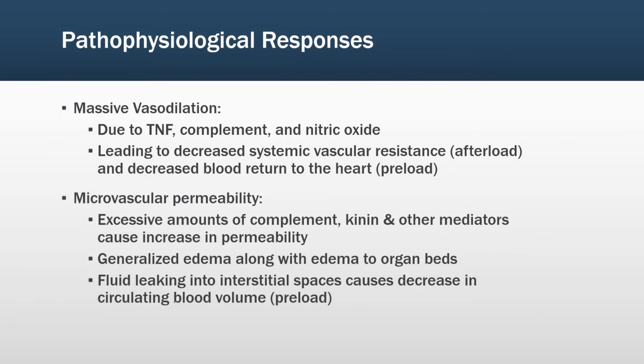The end result is a massive systemic vasodilation due to tumor necrosis factor, the complement system, and nitric oxide, as well as microvascular permeability due to excessive amounts of complement, kinins, and other mediators that leads to a generalized edema and decreased circulating volume.